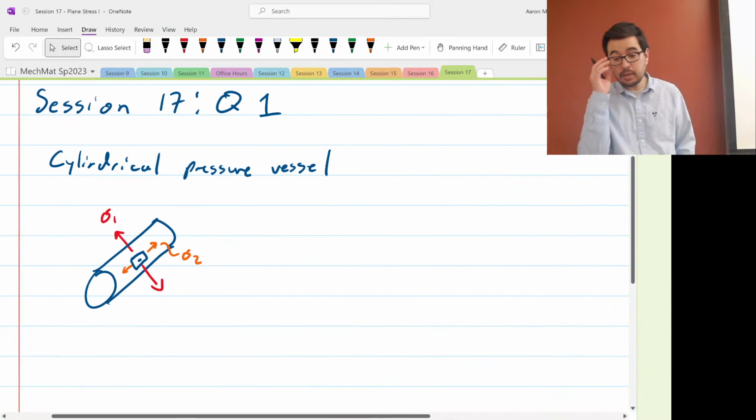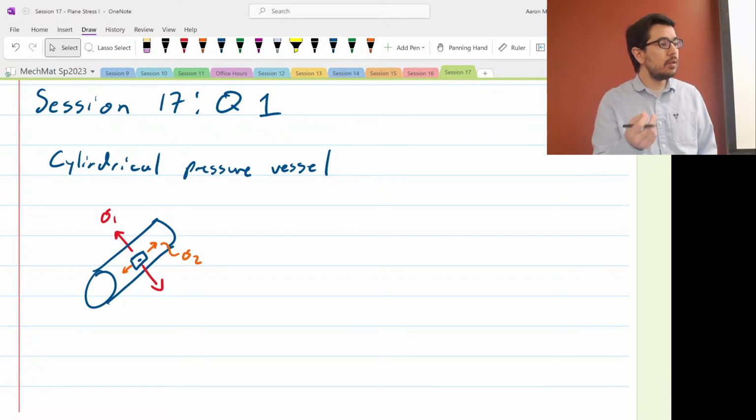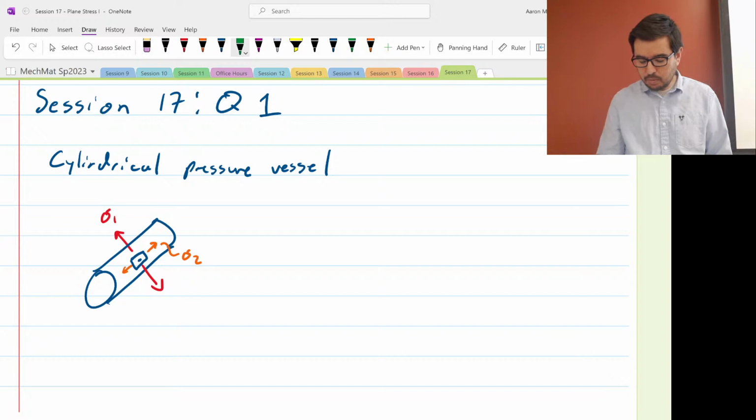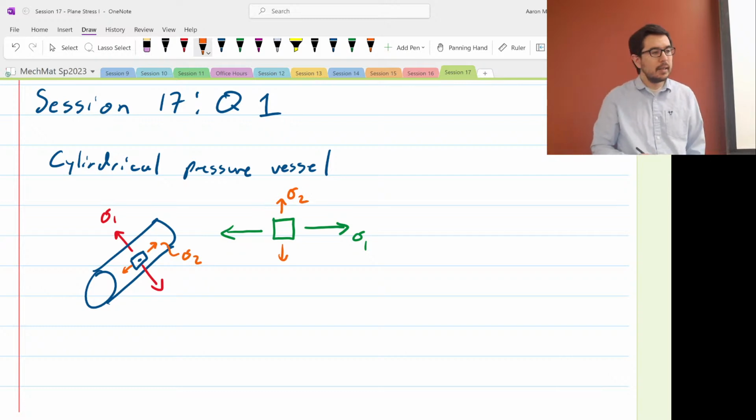So what I asked here is, what will the shear stress be if I rotate this element 45 degrees? If I come over here and write it out this way, I have a sigma 1 that I'm going to say is longer, and a sigma 2 that is shorter. Why is that? Sigma 1 is the hoop stress.